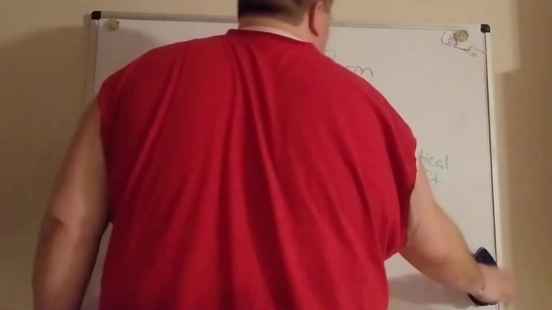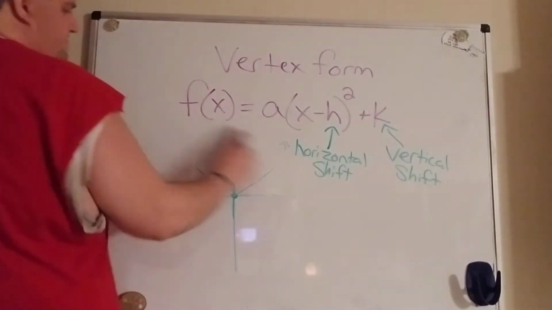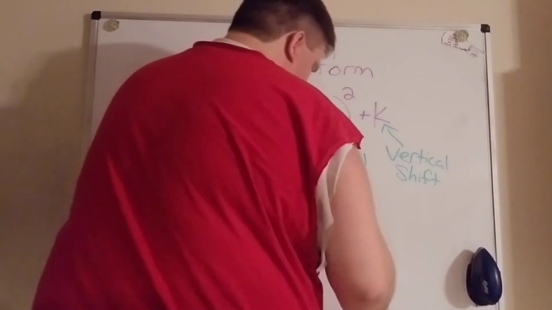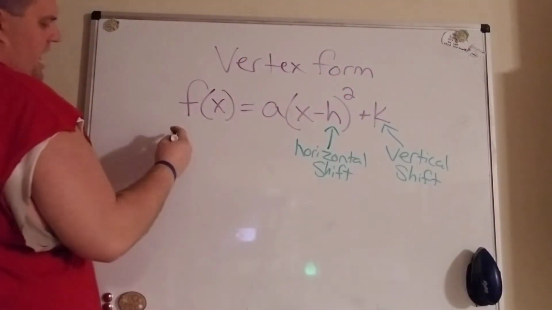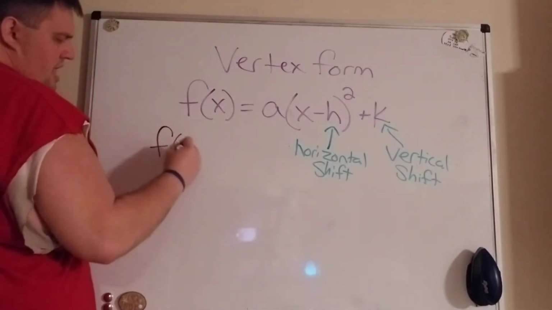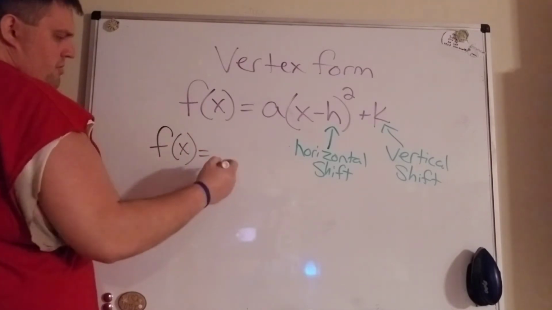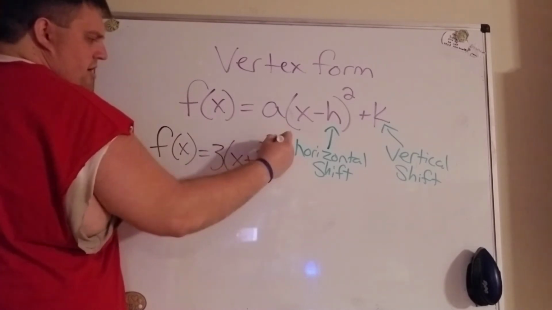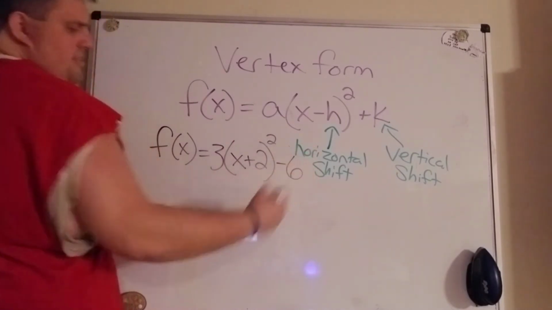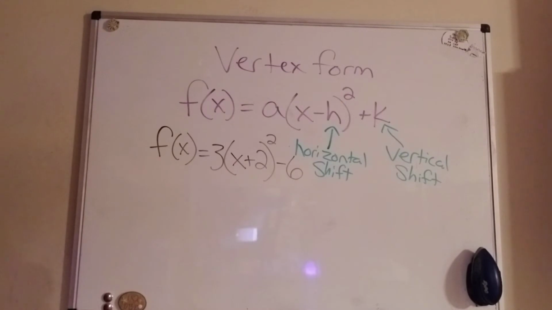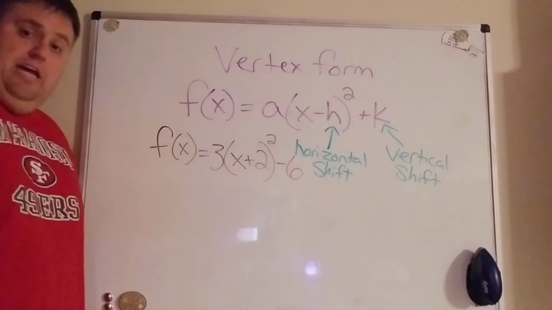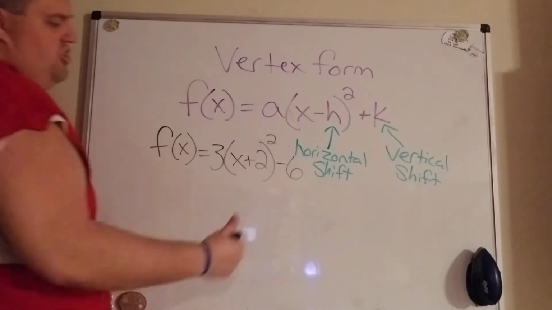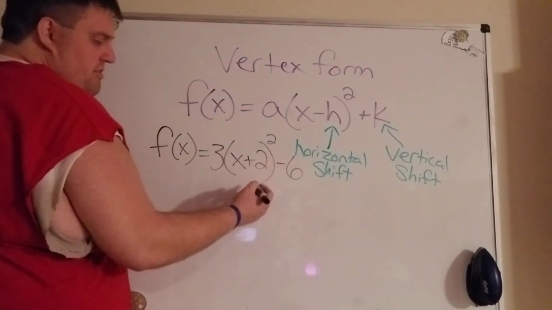So let's take a look at what that might look like with some numbers in there. So let's say you had f of x equals 3 times (x plus 2) squared minus 6. And they say, where is the vertex, right? What's my vertex? So the shifts are going to tell you where your vertex is.